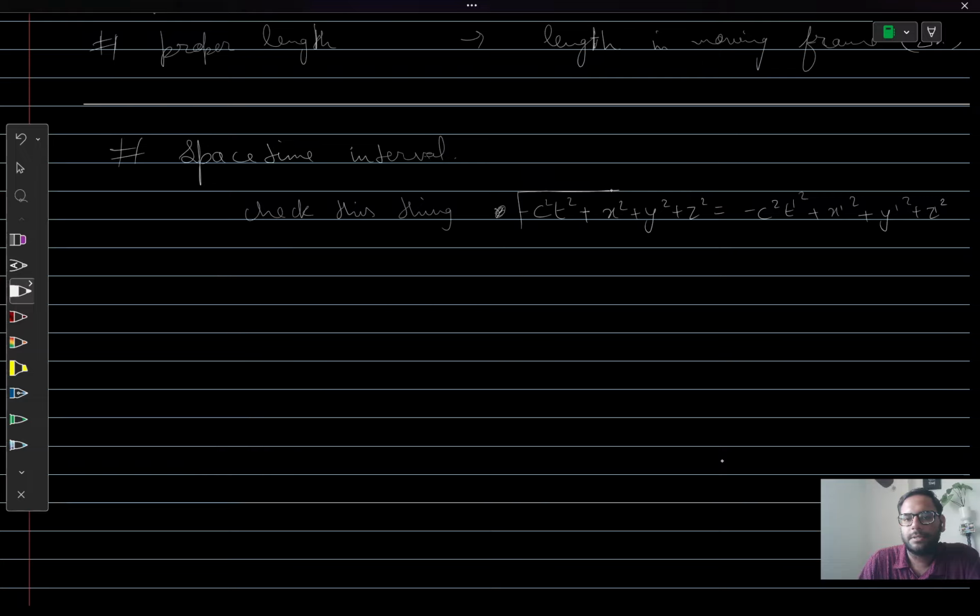You can check it by putting in your Lorentz transformation equations, that this is an invariant quantity. This will not vary. This will be the same.